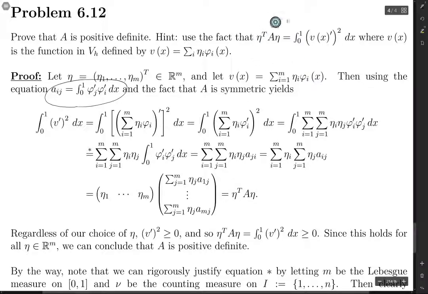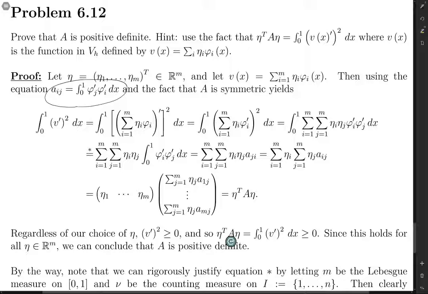And once you know this fact, it's pretty much immediate, because what does it mean? A is positive definite if for every single vector eta, the bilinear form that you get from the matrix A, well, it's not an inner product, it's a bilinear form.